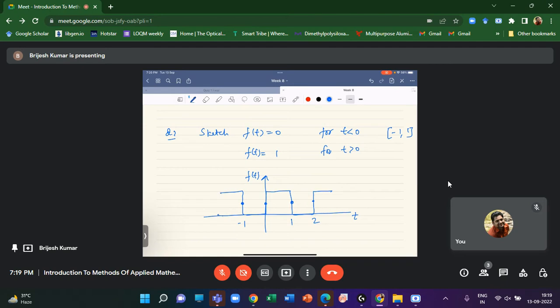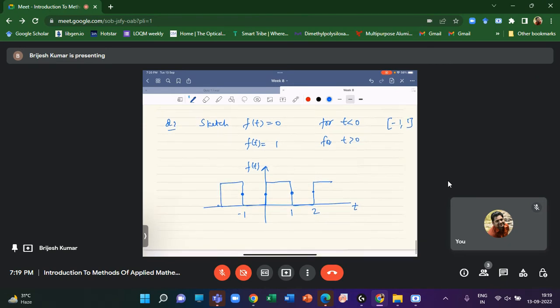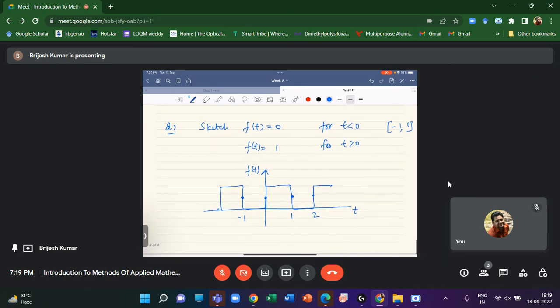How do you sketch this graph? I didn't understand. This is t and this is f of t. For t greater than 0, this is 1, and for t less than 0 it will be 0. Then between 1 and 2, the graph goes to 0.